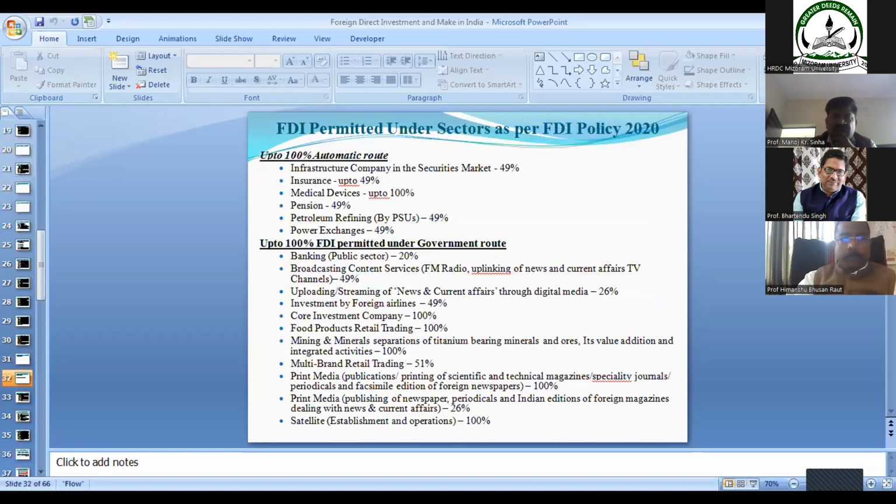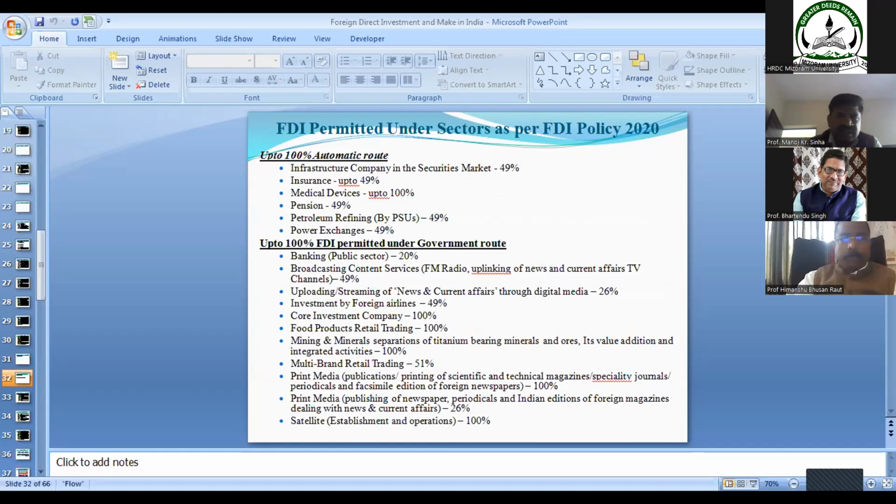Second is up to 100% automatic route. In this case, some sectors such as infrastructure company, insurance, medical device, pension, petroleum refining, power exchange, up to 100% FDI can be invested by the foreign investor.